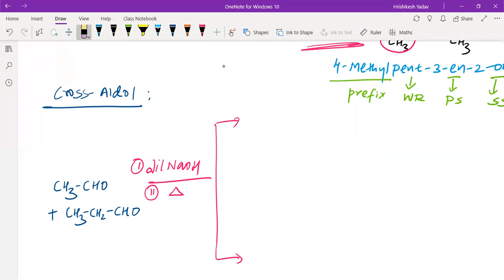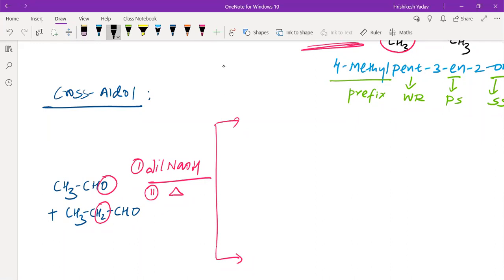So what I said, oxygen of one and alpha hydrogen of the other, means a water molecule is given out, H2O is evolved, or eliminated is better to say. After elimination of that, what will be the product?